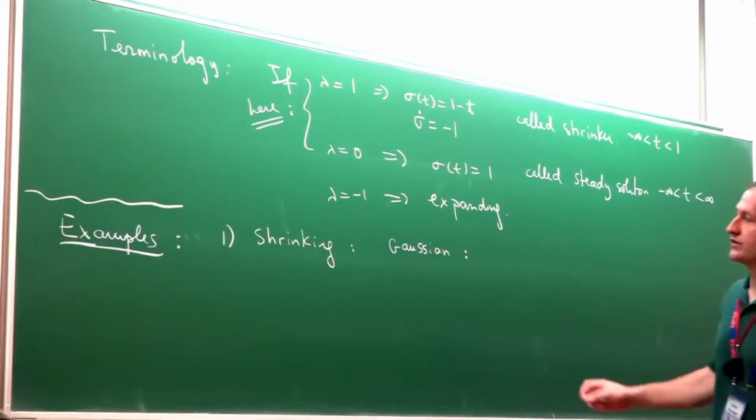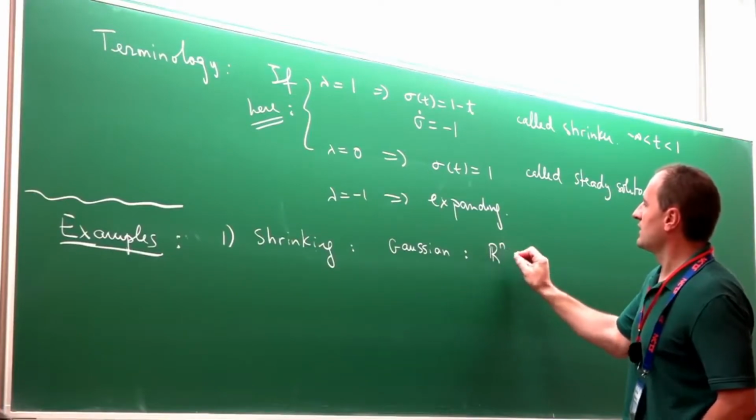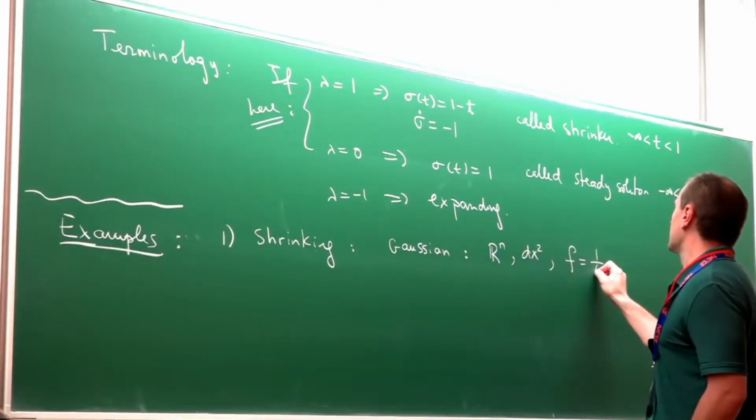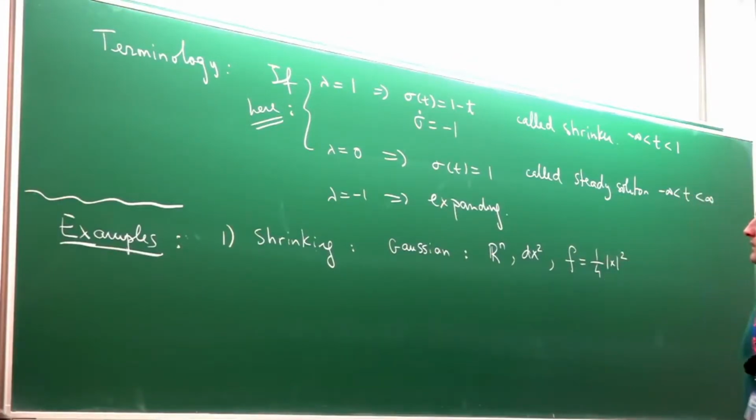to motivate some questions. So this is R on Rn. You take the usual metric, and then you need to take the function to be the distance function squared. So that's the example.